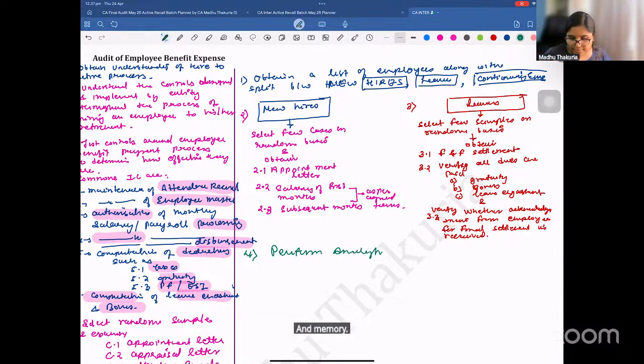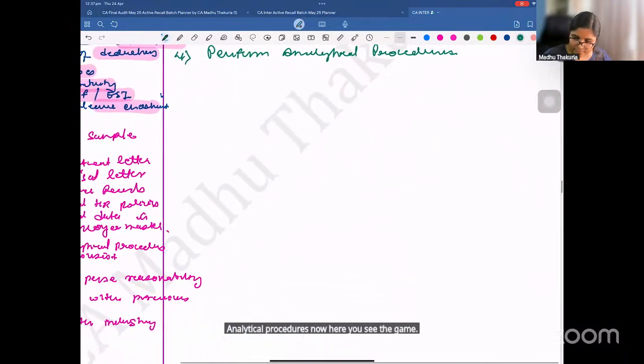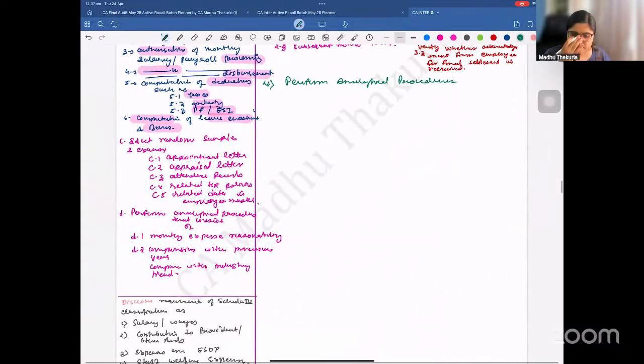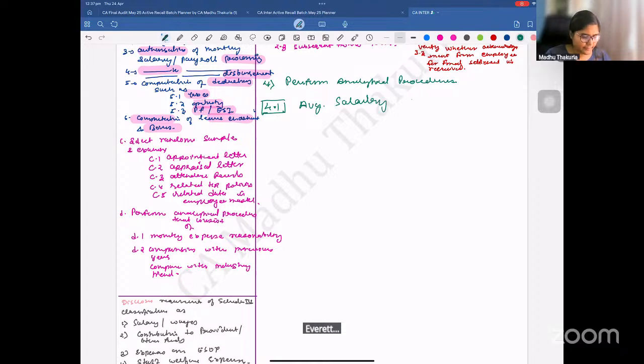Four. Perform analytical procedures. Now here you see the game. (4.1) Average salary per employee per month.